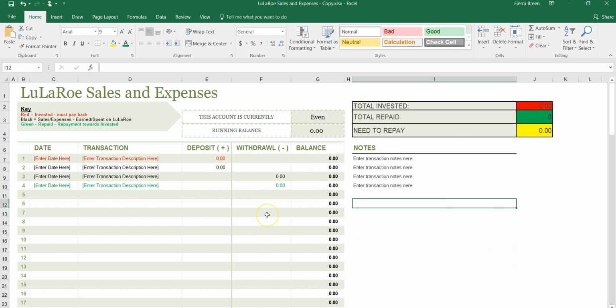It's just an example. So it's a template, so you can put your own transactions, change colors if you want, change the name, come up with your own key, do whatever you need to do. If you are comfortable using Excel and want to change some of the formulas to suit your own needs, that's fine too. If you're new to Excel, you can just follow along with this video to show you what to do, and just don't change anything.